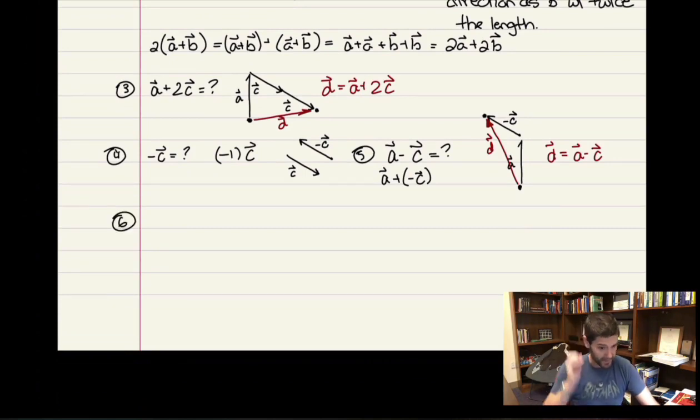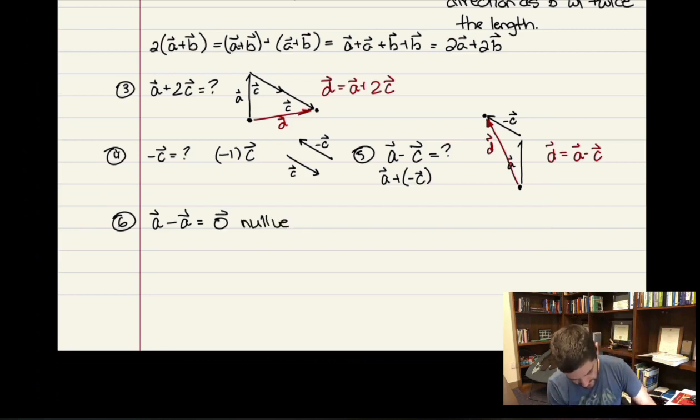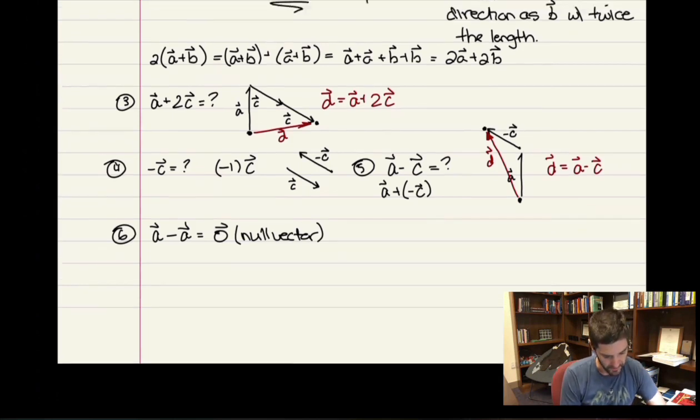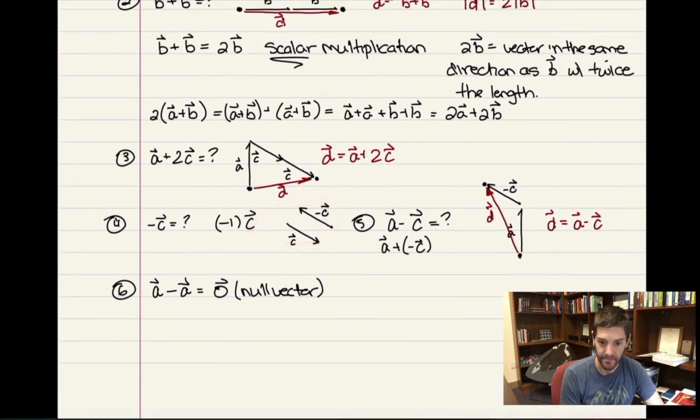And just so it's clear what this is, when we see it eventually, suppose I have A, and then I subtract A. You might think, if these were numbers, it would be 0. And indeed, we just call this the 0 vector, or sometimes the null vector. You can kind of see this if you look back up to what we did with C and -C.